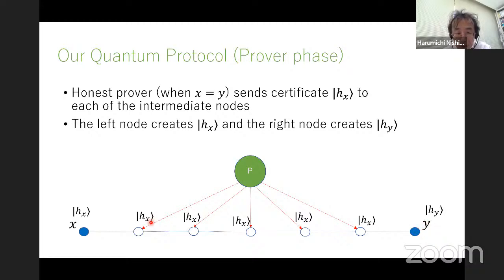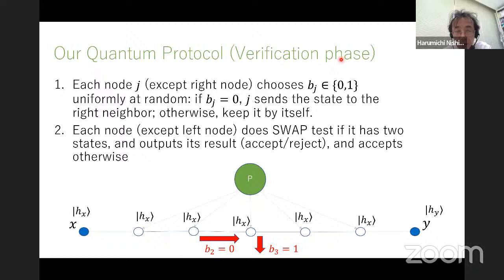The other intermediate nodes receive the fingerprint. In the verification phase, we check the equality by swap test.